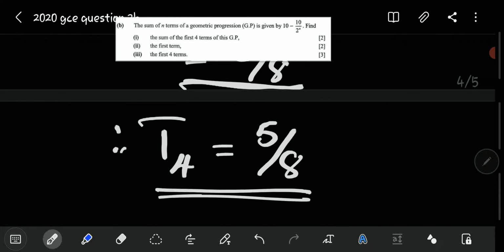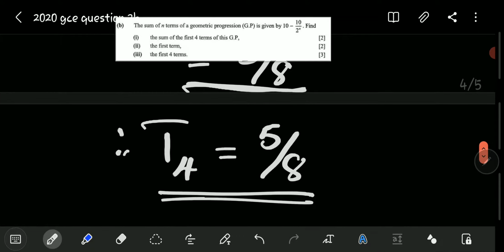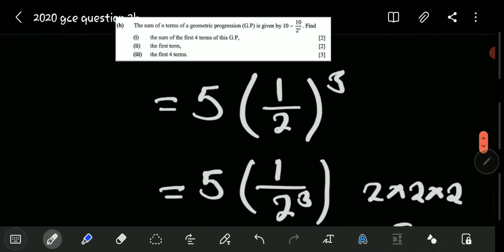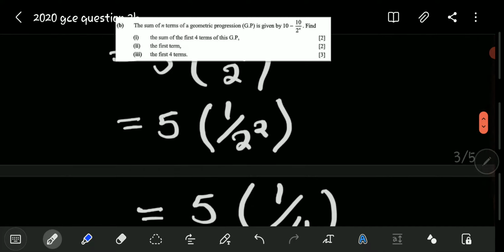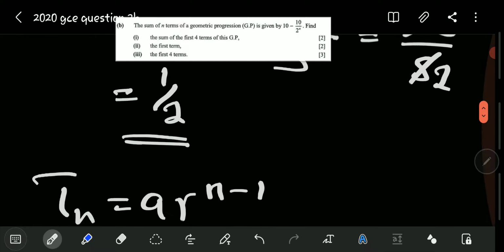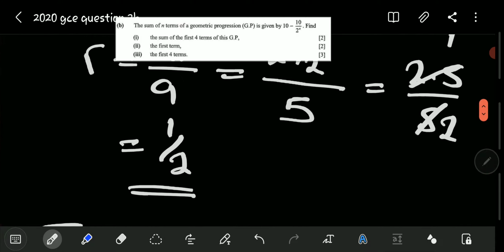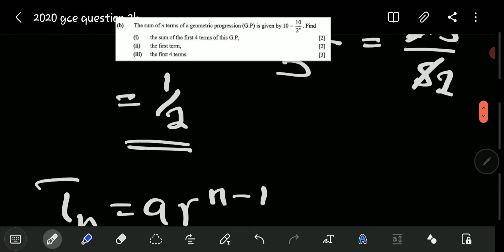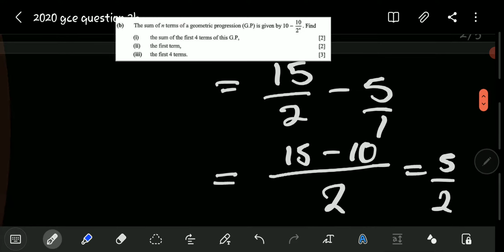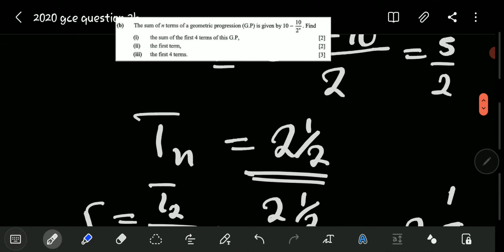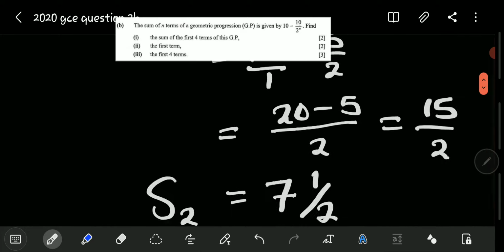Now, just to prove that whatever you have been doing is the correct thing, you can just add 5 over 8 plus 1 over 4 plus the second term, which is 2 1 over 2, and the first term, which is 5.